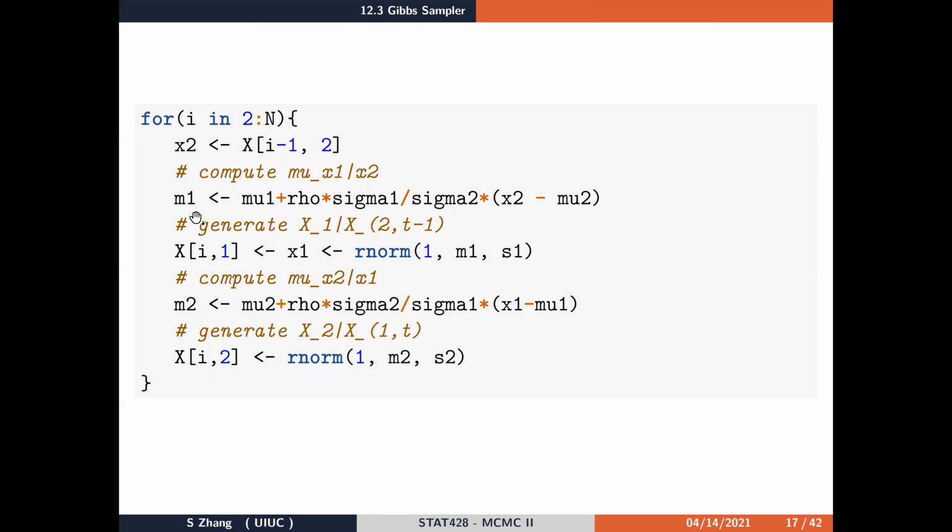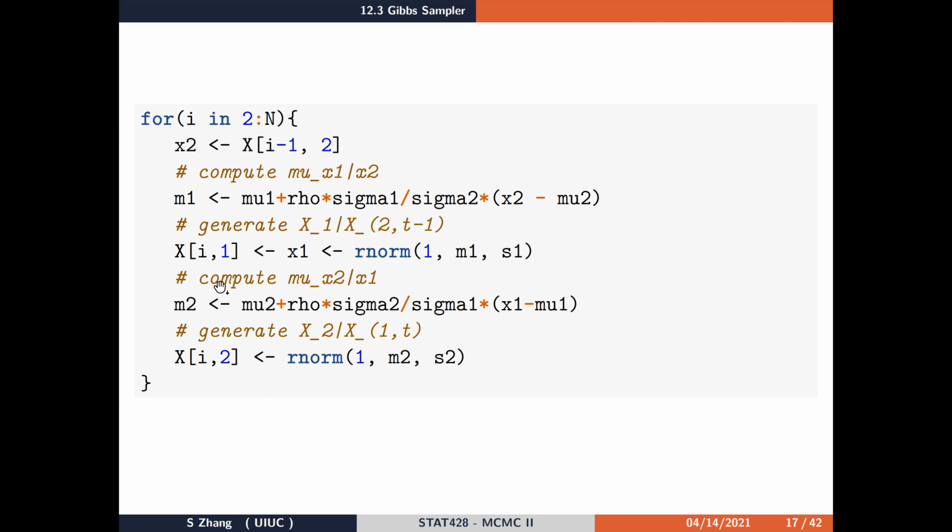And then after we get the mean, and we have computed S1, the standard deviation, beforehand, we will generate the next sample of x1 to be a normal sample with mean M1 and standard deviation S1.